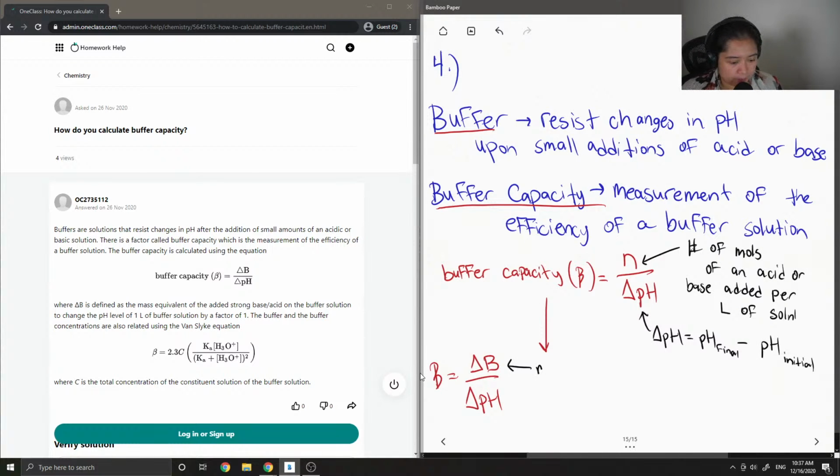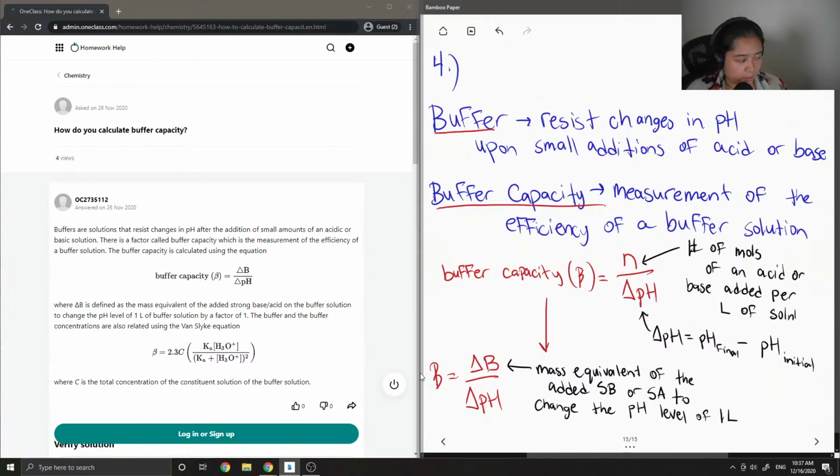So delta B is the mass equivalent of the added strong base or strong acid to change the pH level of 1 liter of buffer solution by 1.